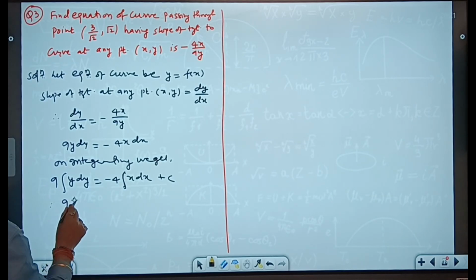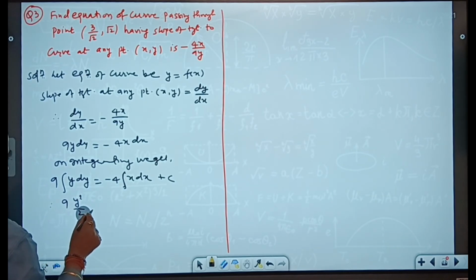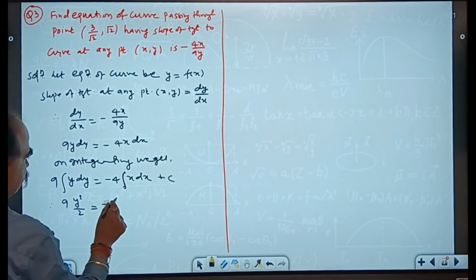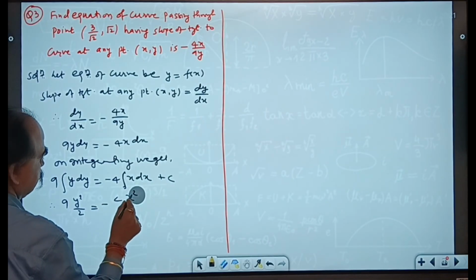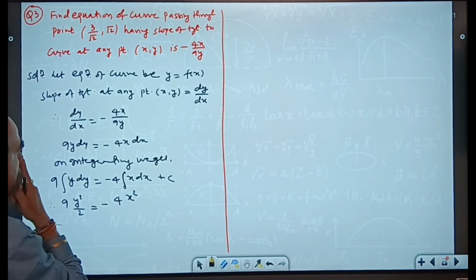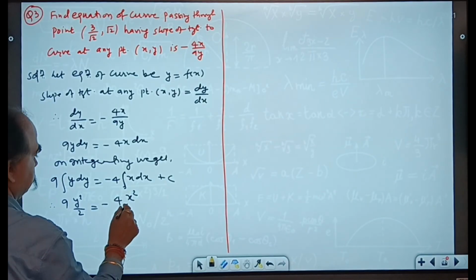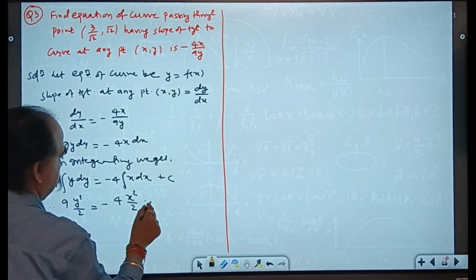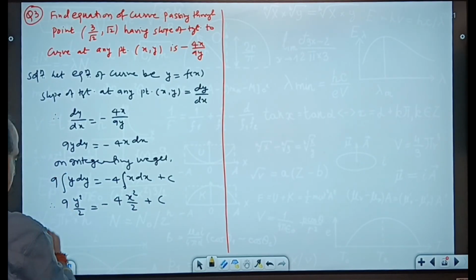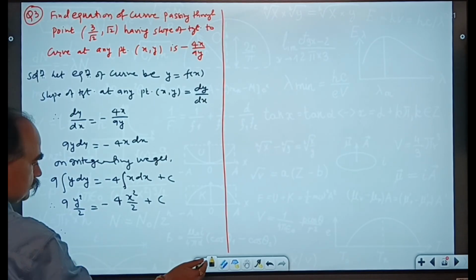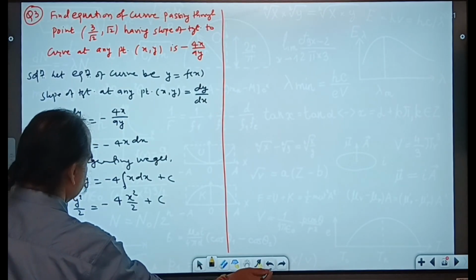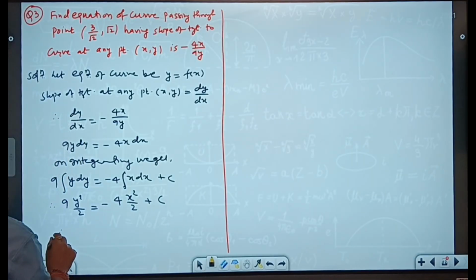So 9 times y square by 2 is equal to minus 4 times x square by 2 plus c. Multiply by 2 and bring 4x square on this side.